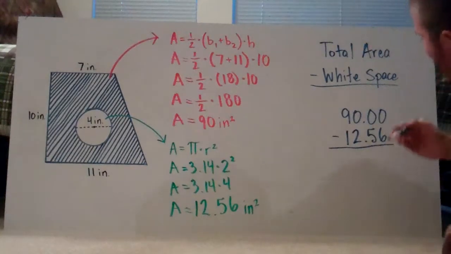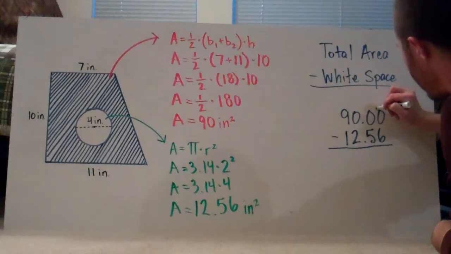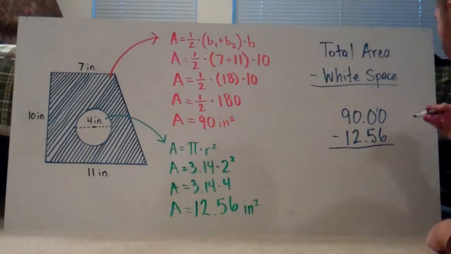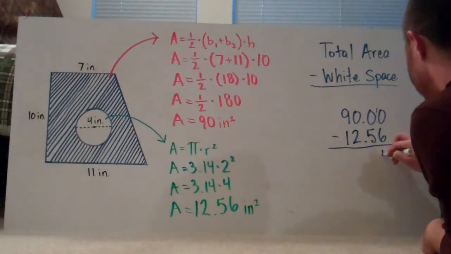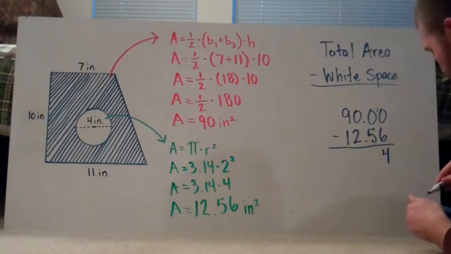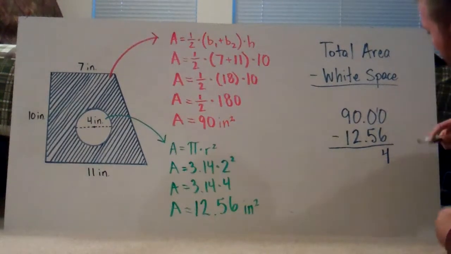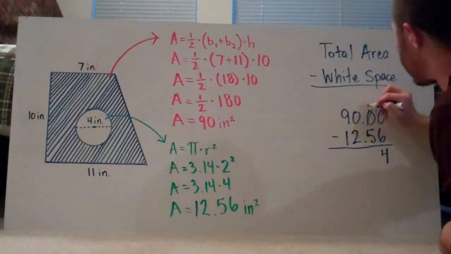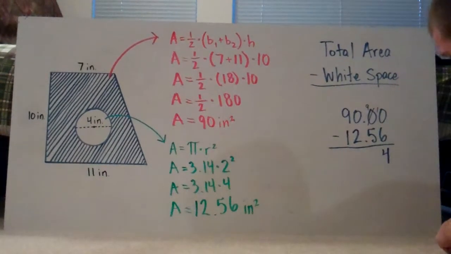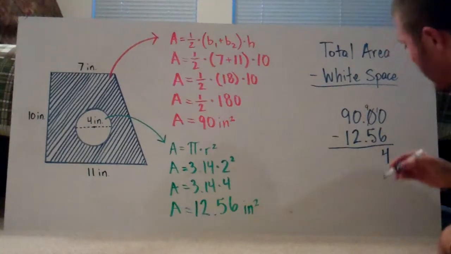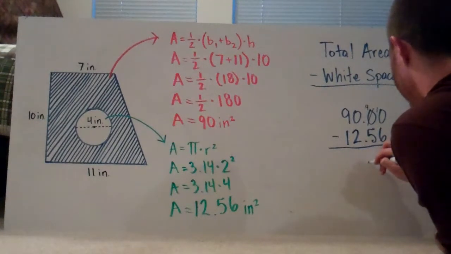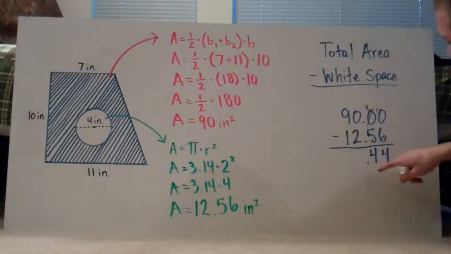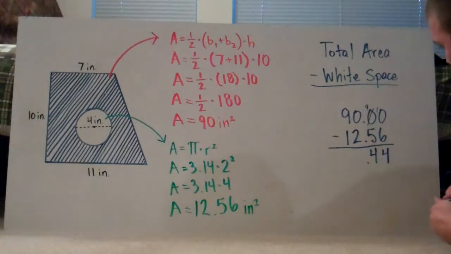So I'm going to add a 1 to this 0. 10 minus 6 is 4. But to add a 1, I had to borrow, so cross this out. This is going to become a 9. 9 minus 5 is 4. Bring the decimal straight down. So I got 0.44.